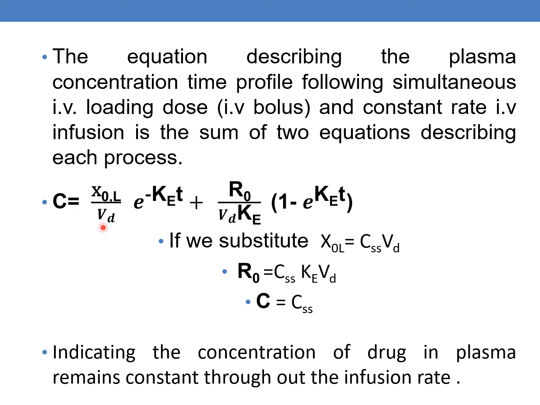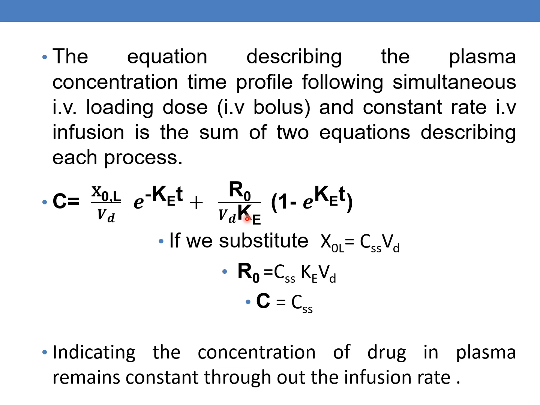We know that for IV bolus, C is equal to X0L by Vd into e to the power of minus Kt, plus R0 by Vd into Ke into 1 minus e to the power of minus Ket. Here also it is minus Ket only. So this is the equation for IV bolus and this is the equation for IV infusion.